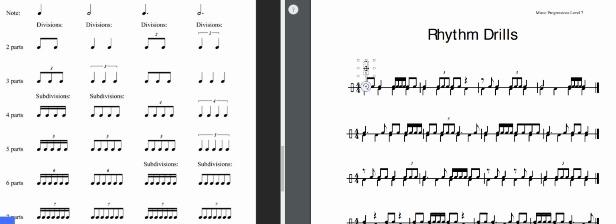I'm going to put an arrow right here, and obviously there's no pickup beat, so we're going to put the arrow right there for beat 1. Okay, all the arrows are going to go on 1, 2, 3, and 4 of every measure.